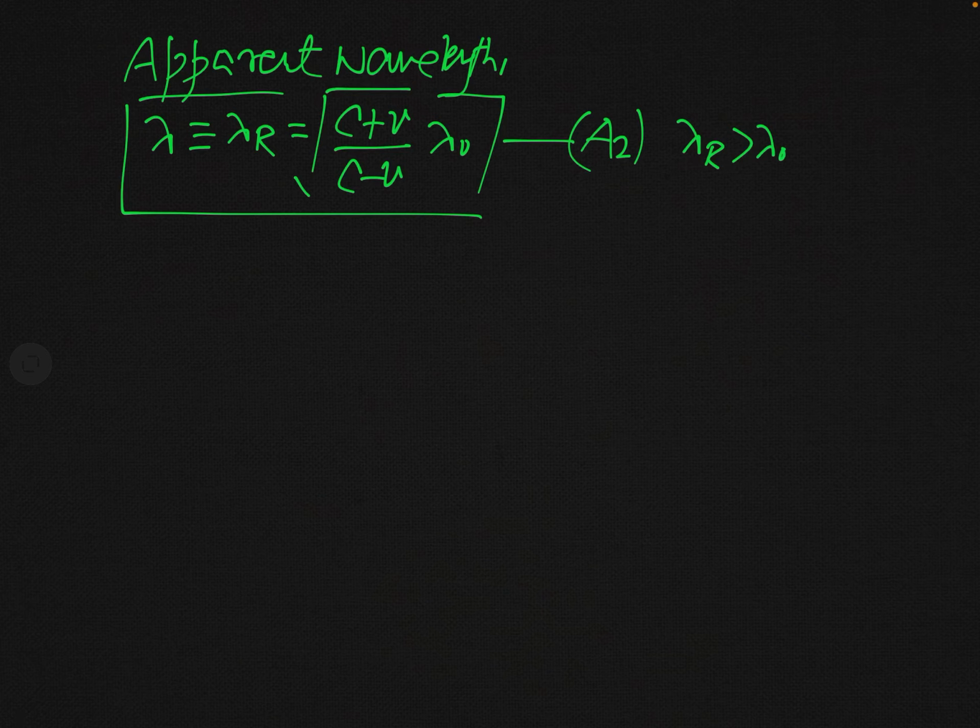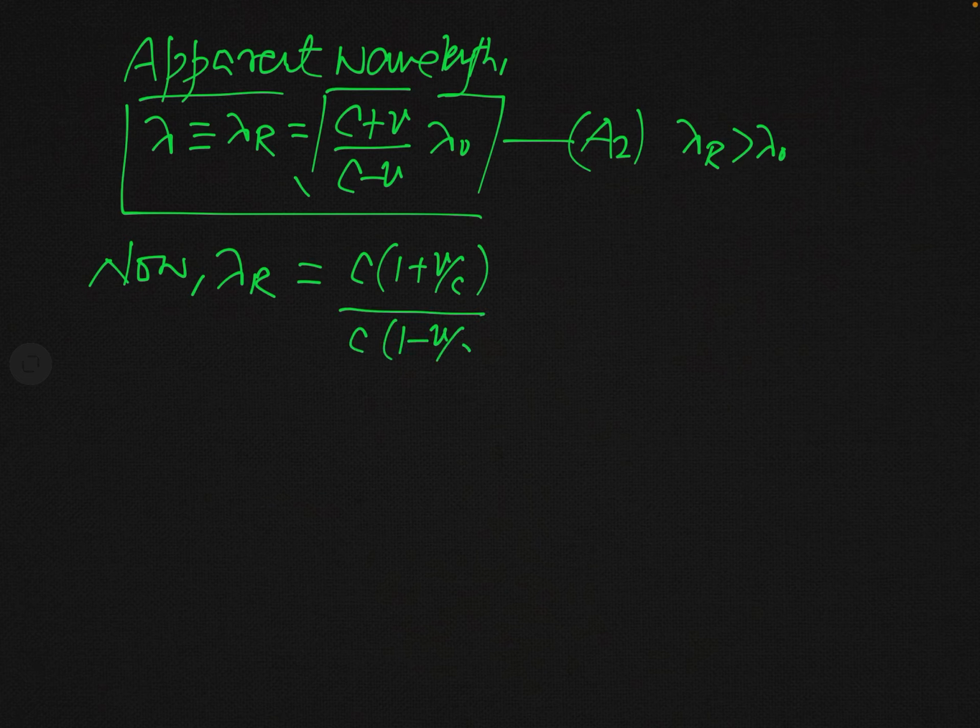Now again we will find a result similar to what we discussed for the blue shift in this case, and for that again we will deal with the binomial expansion of the RHS of equation A2. So now you can see that this lambda r may be written as c into 1 plus v by c over c into 1 minus v by c, whole to the power half, into lambda naught.